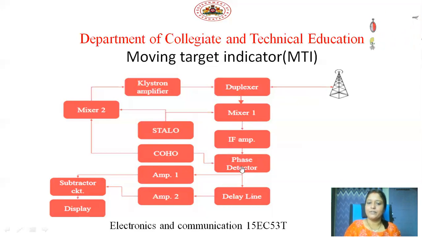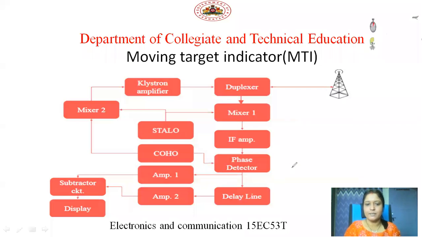The inputs to the phase detector are the received echo signal and the reference signal. The output of the phase detector is phase sensitive. That is, it will generate an output voltage depending on the phase difference between these two inputs here.